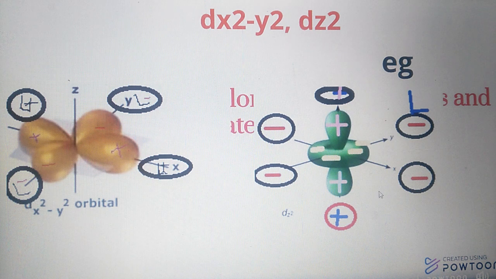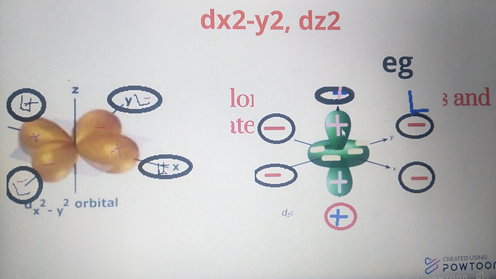This is dz square. Remember, in dx square minus y square, the ligand approaches along the x-axis, and its lobes are present along the x-axis. In dz square, the size of the lobe is greater than the size of a single orbital.